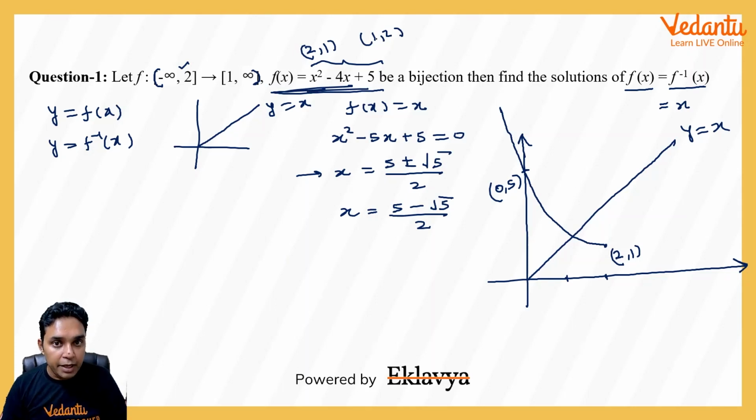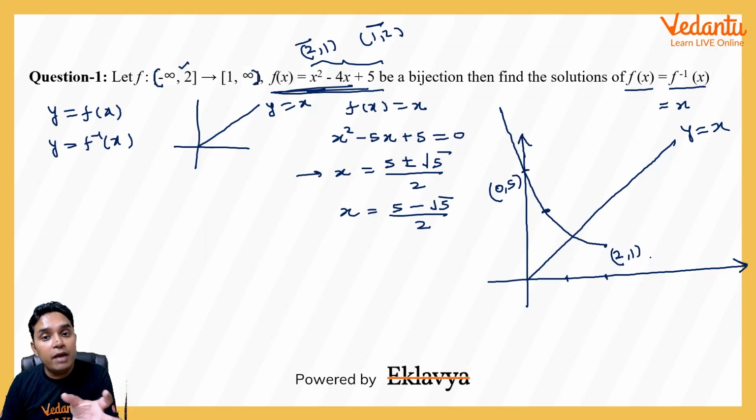You can check, if you put x equal to 1, you are getting 2. That means a point that's a reflection of (2, 1) in the line y equal to x is also lying on the graph of f(x). But that means if corresponding to (2, 1), (1, 2) is lying on f inverse(x), corresponding to (1, 2) also, there should be (2, 1) lying on the f inverse(x).